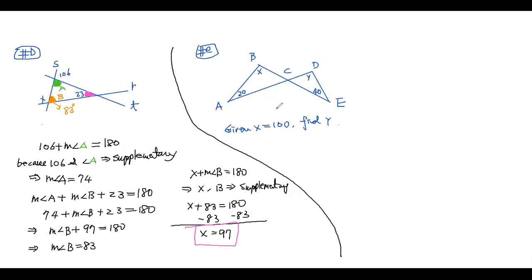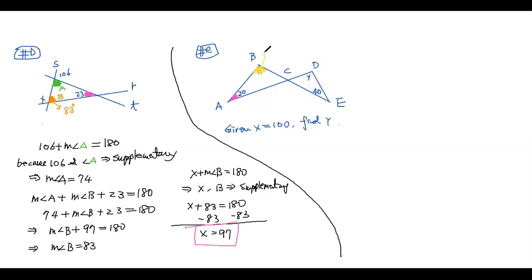Now, let's take a look at the last one here. For this one, angle A is given as 20 degrees, and angle x here is 100. This is the yellow one.